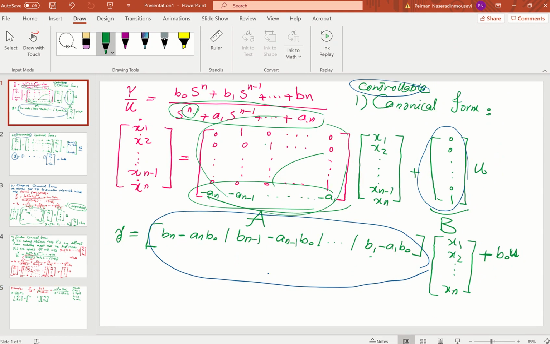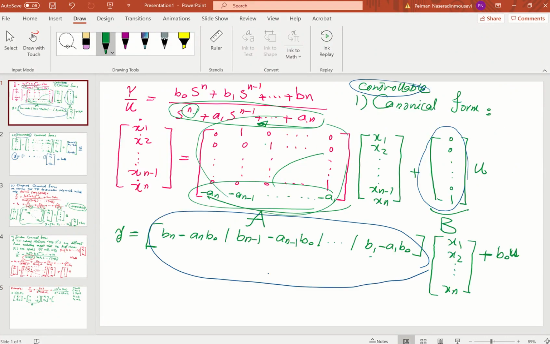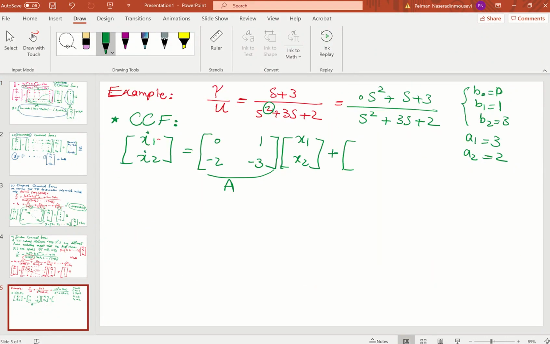The last row is minus an from this side to this side, so you're going to have minus 2 and minus 3. This is your A matrix, plus Bu, where B is 0, 1. This is the controllable canonical form.